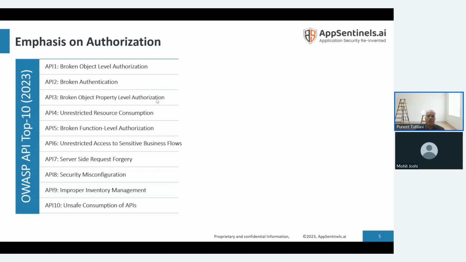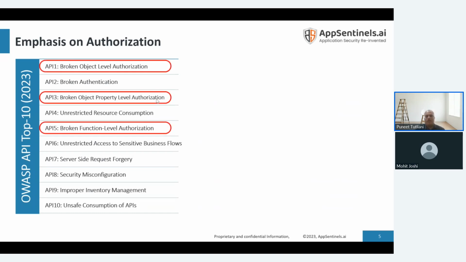It's a mixture of two techniques called excessive data exposure and mass assignment in the earlier 2019 list, now combined into property level authorization. And the next one is broken function level authorization. All of these three are present in the top five. So this signifies the risk of fine-grained authorization in the application architecture.